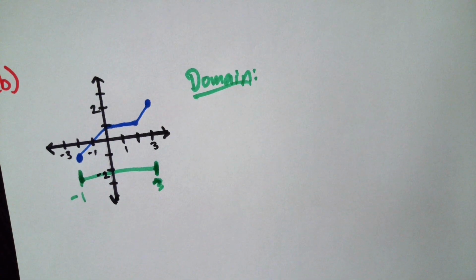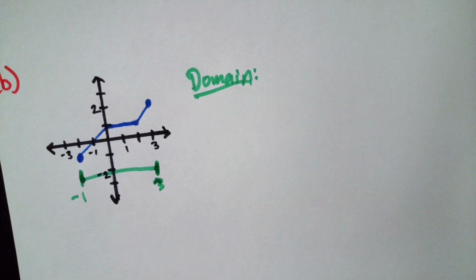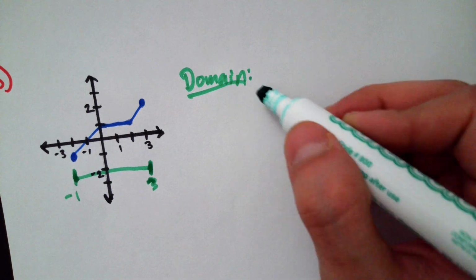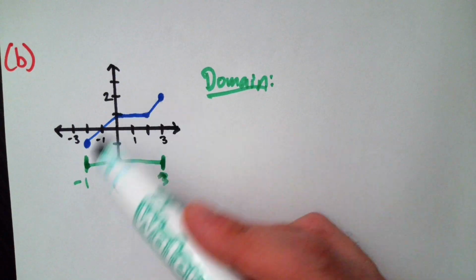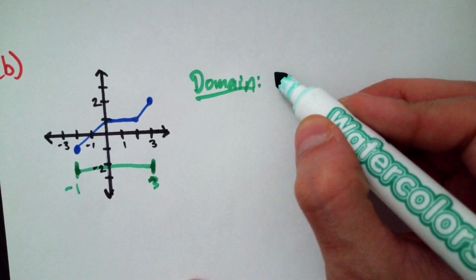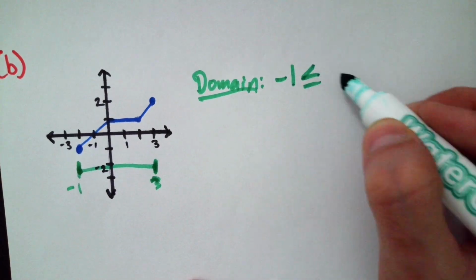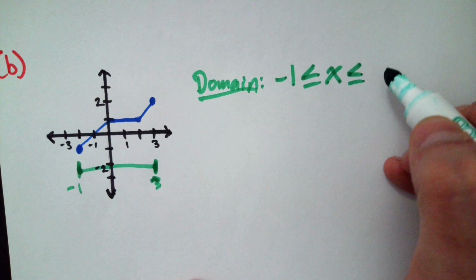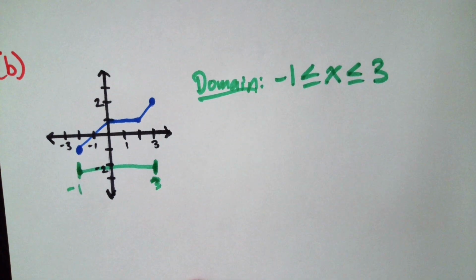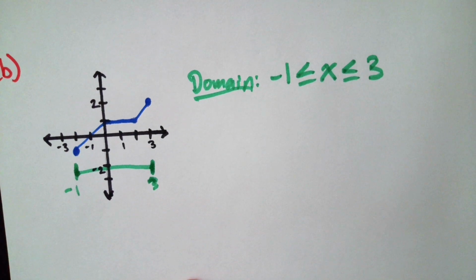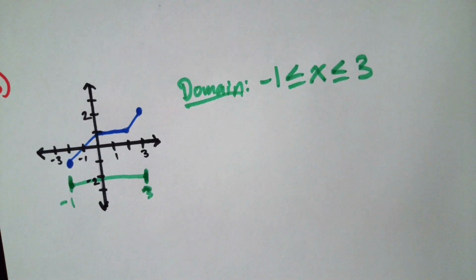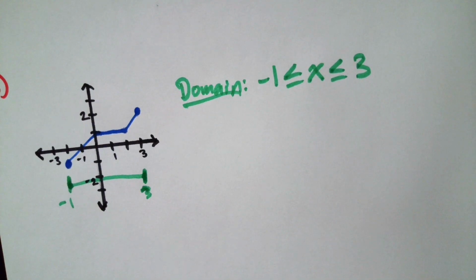So instead of listing every number individually, we're going to use what we learned in our last chapter, which is this. We're going to say that my domain, the collection of all my x's present in this blue graph, is going to be all the numbers between -1 and 3 in inequality form. That's why we learned about these compound inequalities. So that's my domain, the collection of all my x's.